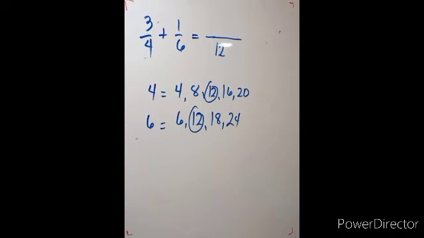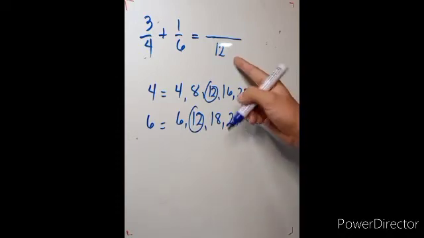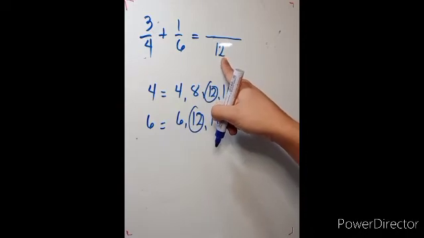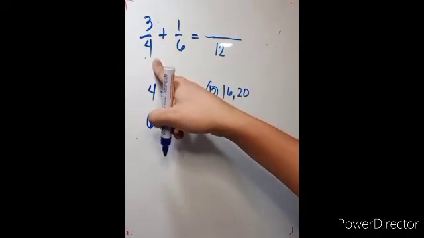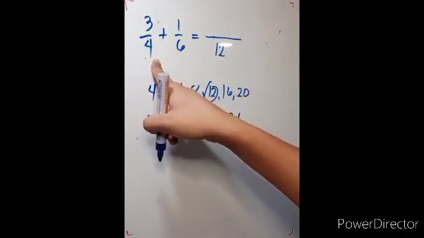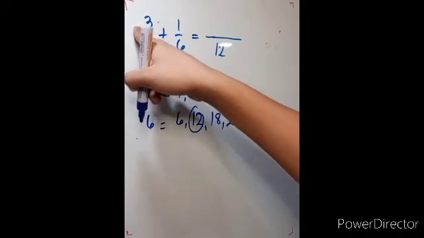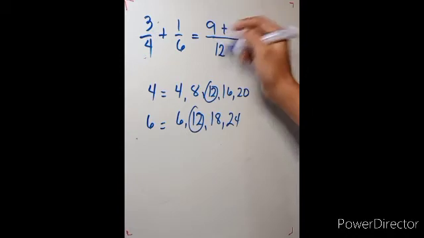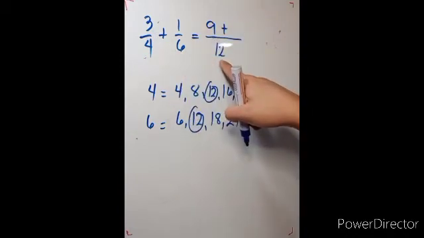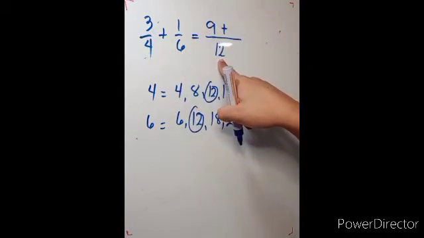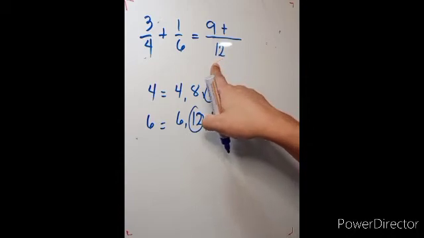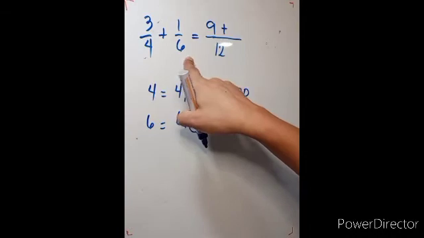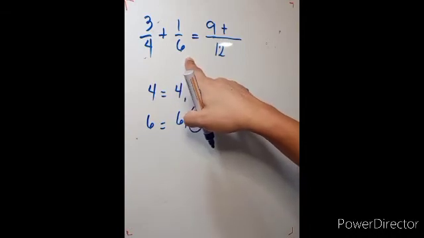Then we are going to divide the LCD by the given denominator. So we have to divide 12 by 4. The answer is 3. Then just multiply it by 3, which becomes 9. So then add, because this is addition. So again, we divide the LCD by the given denominator. 12 divided by 6 is 2.